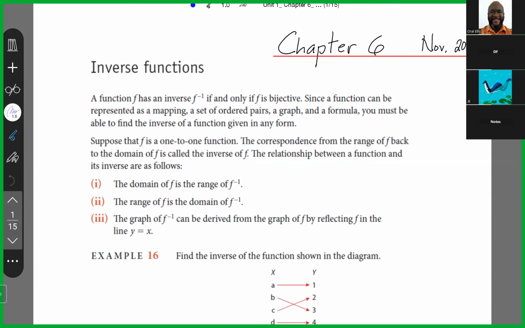Technically, what he's saying there is that to find the inverse of a function, you need to interchange the domain and the range coordinate.